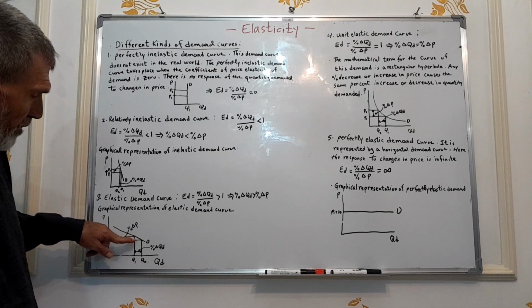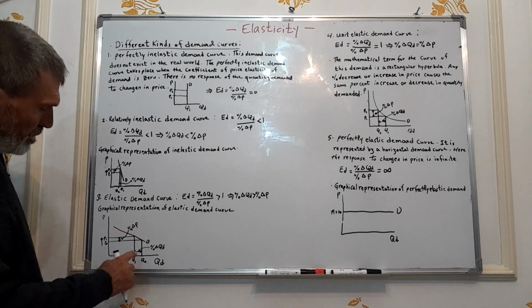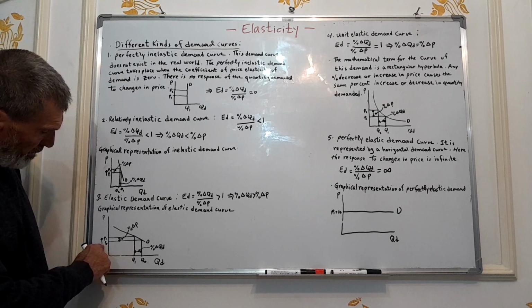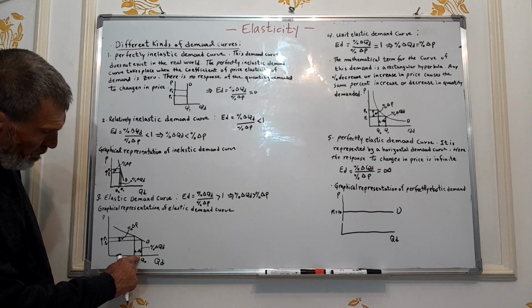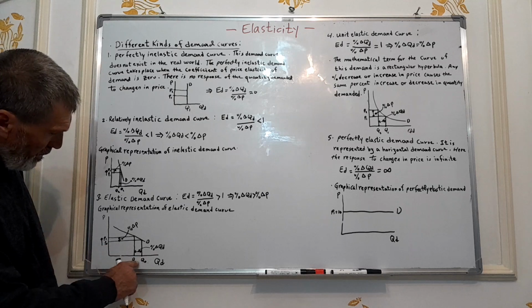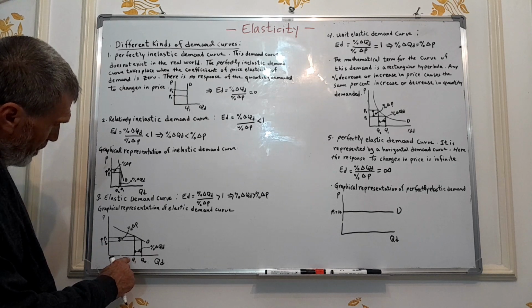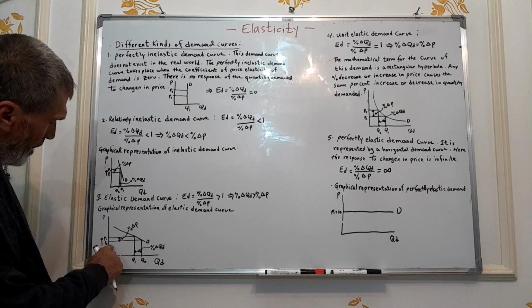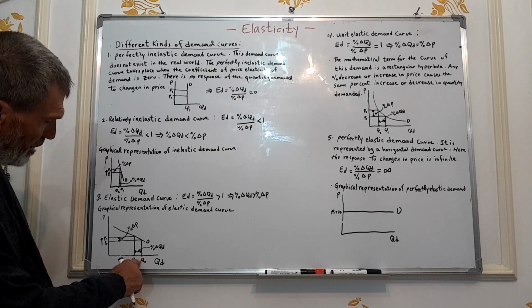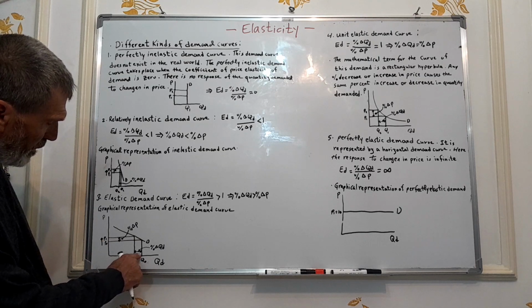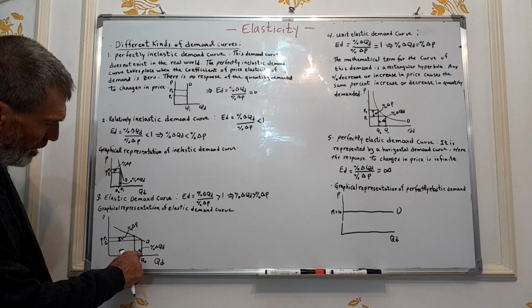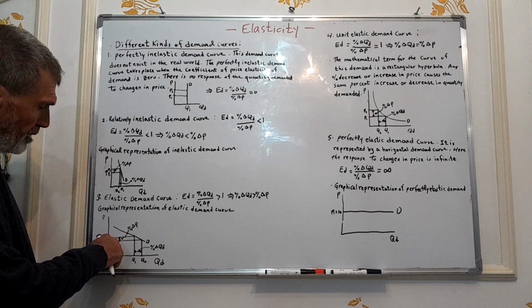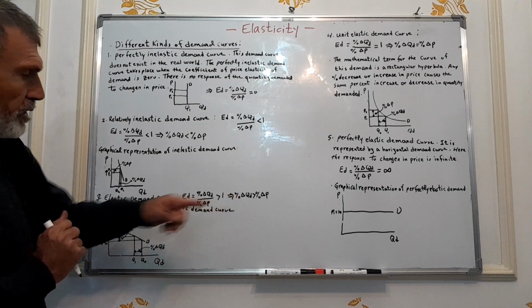It is more or less a flat demand curve. When the price increases from P0 to P1, the quantity demanded decreases from Q0 to Q1, and the percentage change in the quantity demanded is larger than the percentage change in the price, as you can see over here.